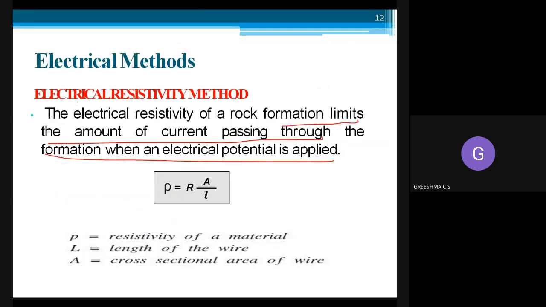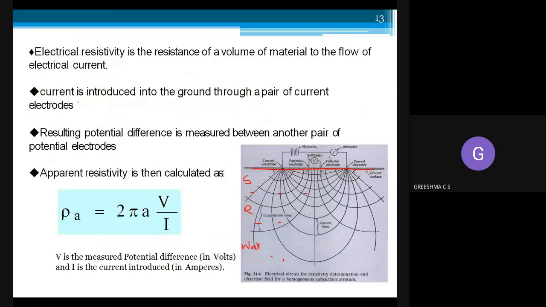Just now we have discussed it. Electrical resistivity means the resistance of the volume of the material to the flow of the current. Second, the current is introduced into the ground through a pair of electrodes. Here you can see they have installed a pair of electrodes.